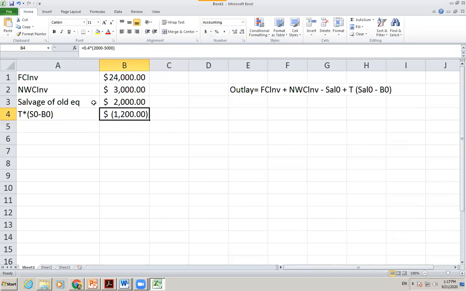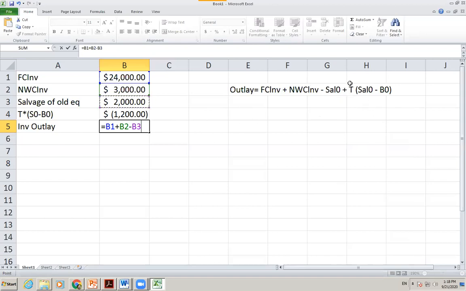Now, what you need to do is just apply this formula to calculate the investment cost. Okay, investment outlay, or investment cost, whatever word you like to call it. So investment in fixed capital plus net working capital minus the salvage value.